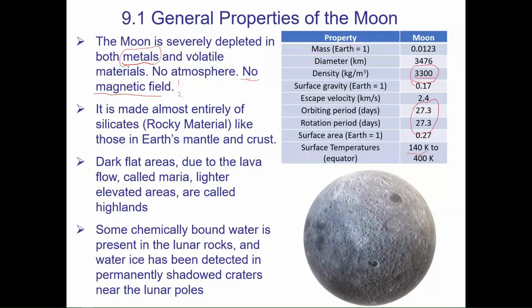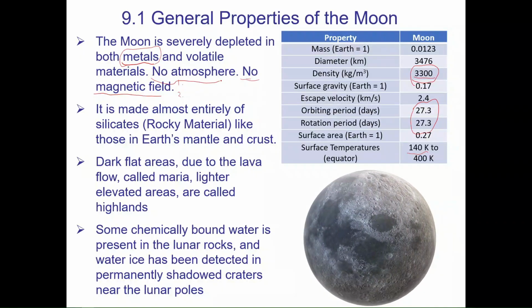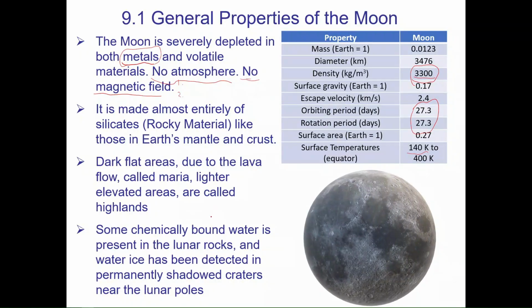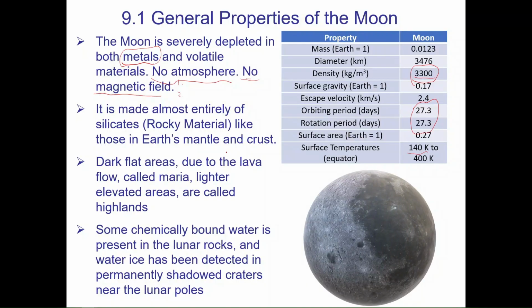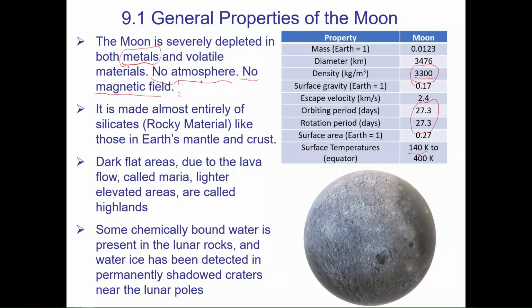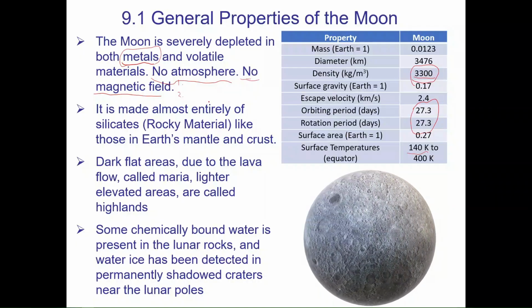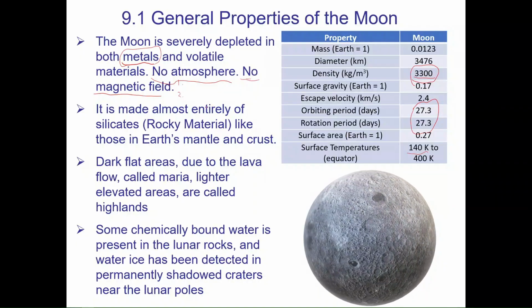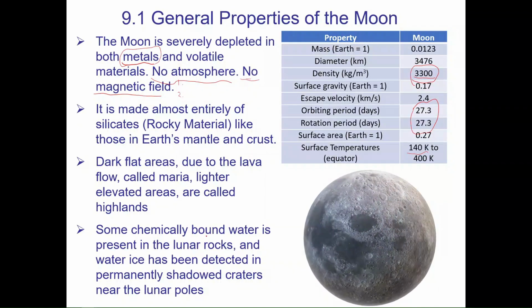And we already know that the moon has no atmosphere. Unfortunately, there's no way we can breathe freely on the moon. However, we will definitely need to bring oxygen, or find some ways to create oxygen on the moon for us to breathe if we want to live on the moon in the future.